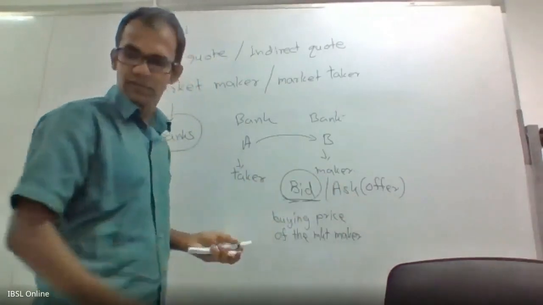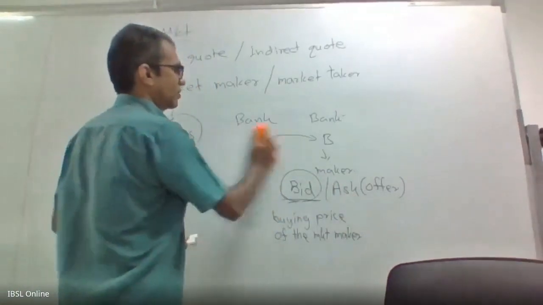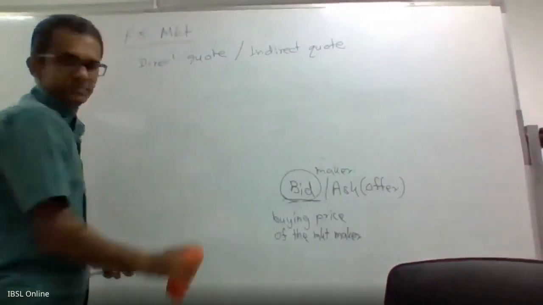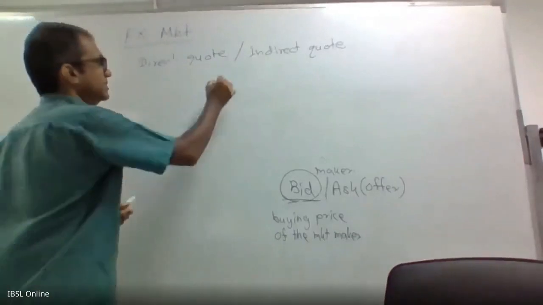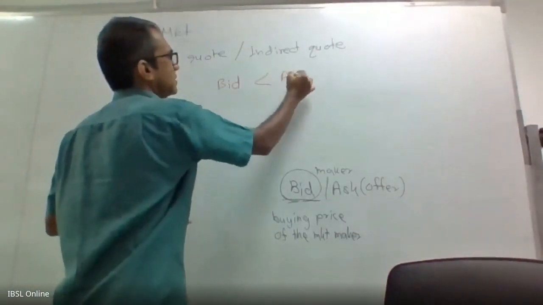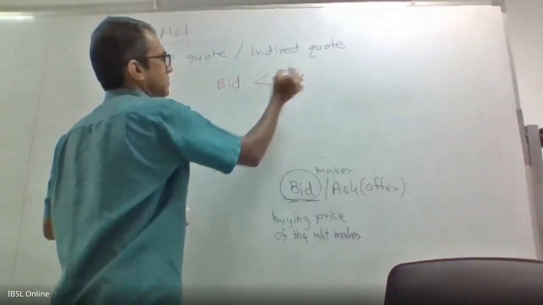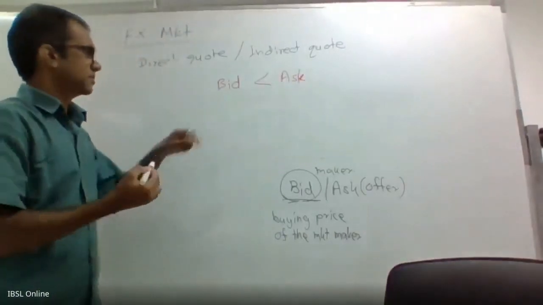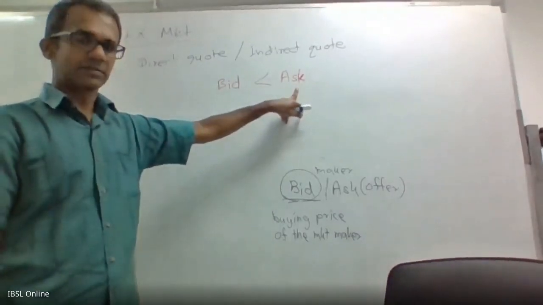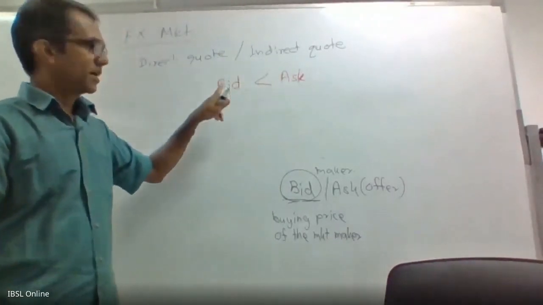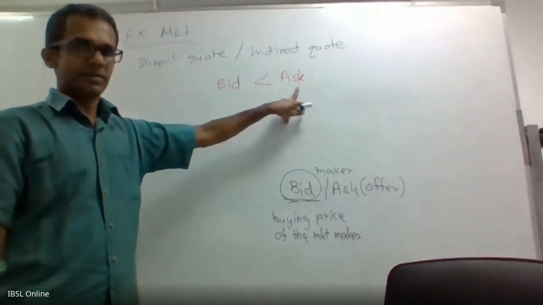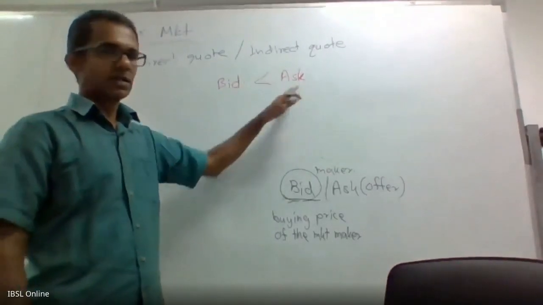So therefore, in general, the bid price is lower than the ask. Why? This is the buying price of the market maker. This is the selling price of the market maker. The market maker will buy at a lower price and sell at a higher price. Buy low, sell high.